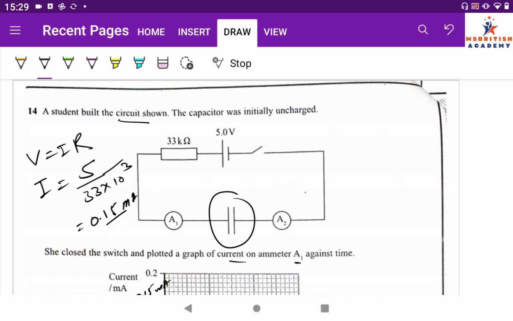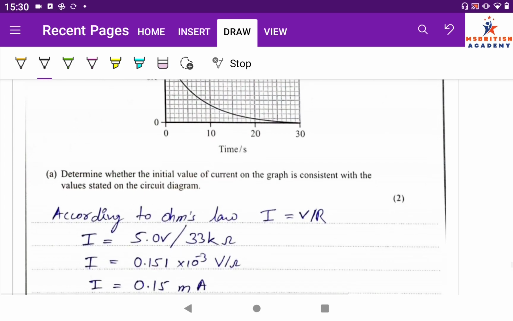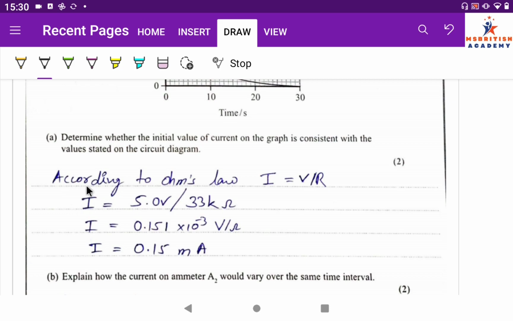So it is consistent, it is matching. According to Ohm's law, I is equal to V by R, and after calculation we get I as this.